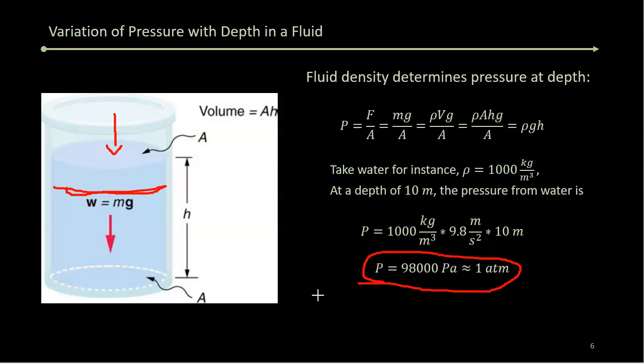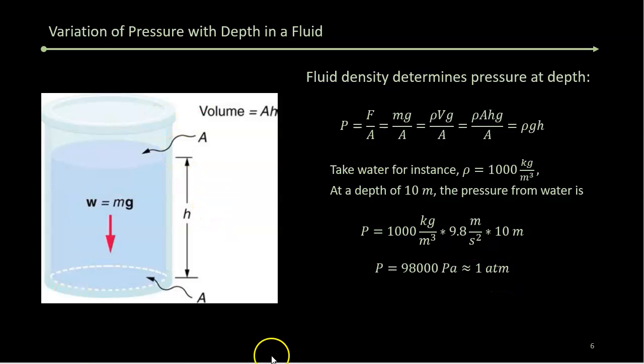So every 10 meters you descend in water adds an atmosphere of pressure, which is why submarines have to be built the way they do, because to go down a few hundred meters, you have to be able to withstand lots and lots of atmospheres of pressure. So that's it for pressure, and we'll see where that plays out in other parts of what we're going to do throughout this section and the next.